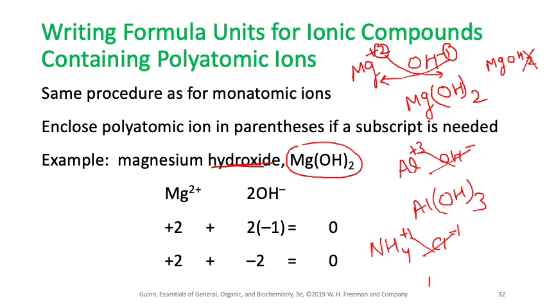So the formula will be NH4Cl, called ammonium chloride. This is how you form a formula from a polyatomic ion, whether the polyatomic ion is a negative anion or positive. In all the examples above, the polyatomic ions are negative, and in the last problem the polyatomic ion is positive.